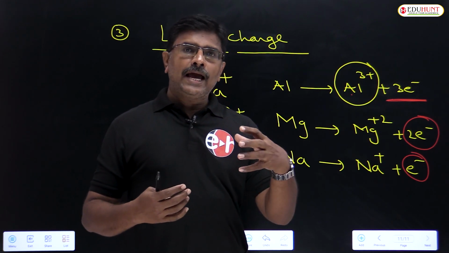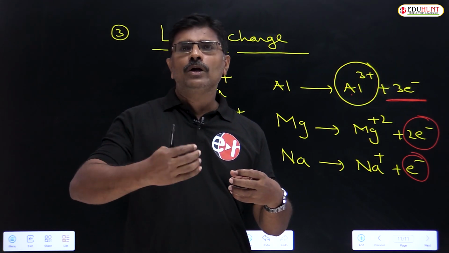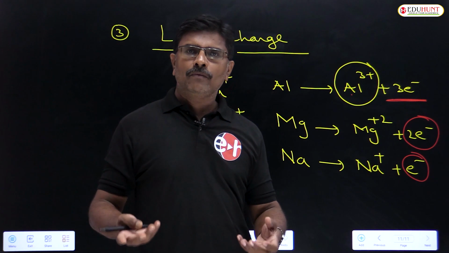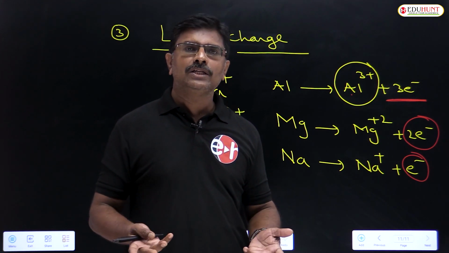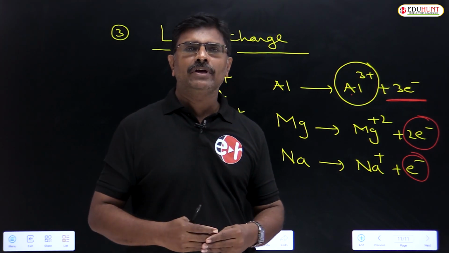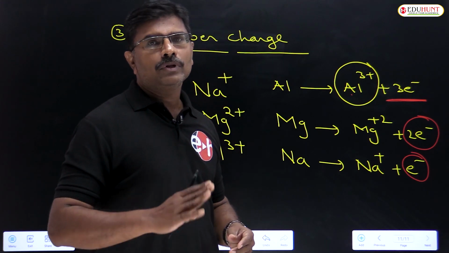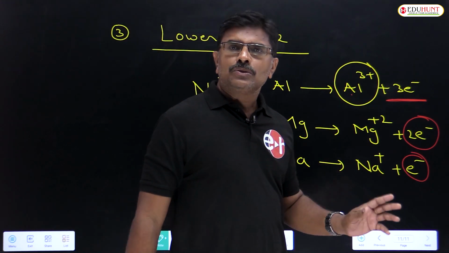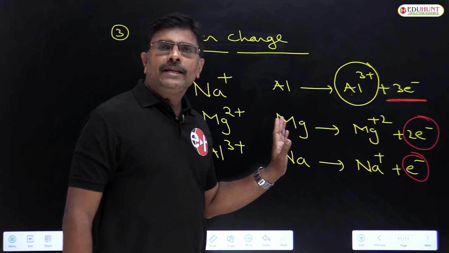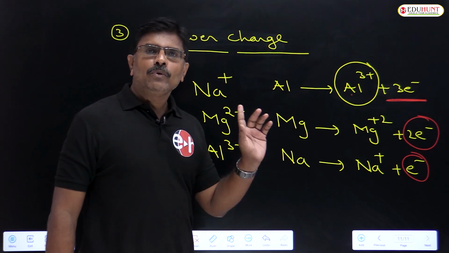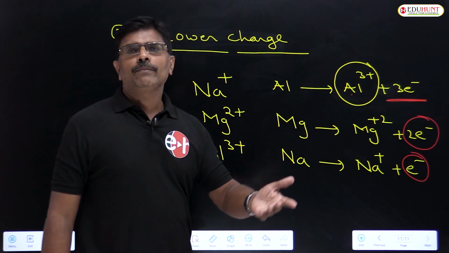With that higher pull of the nucleus, to remove further electrons you need to spend more energy. So it is always easier to remove 1 electron than more electrons.